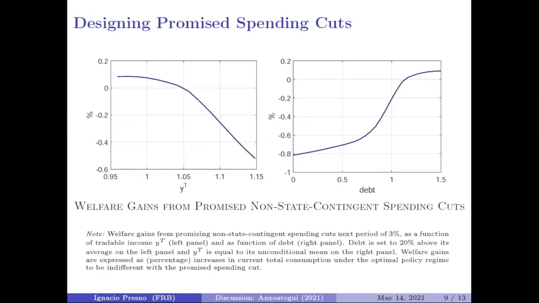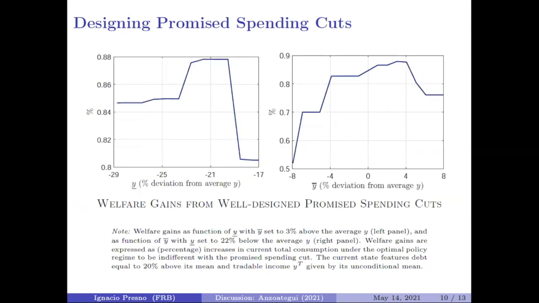So here we find that the gains from promising spending cuts tomorrow depend on the state today. Okay, this is also again in line with what Diego said, but in the interest of time, I'm going to focus on the next slide, which basically focuses on the well-designed promised spending cuts. Again, these are cuts tomorrow that occur only to the extent that total income is within a range between Y lower bar and Y upper bar.